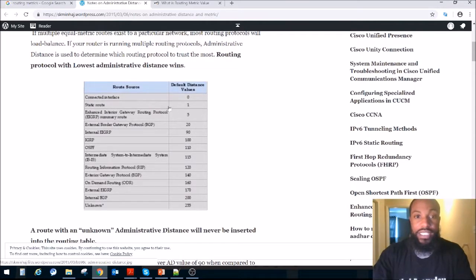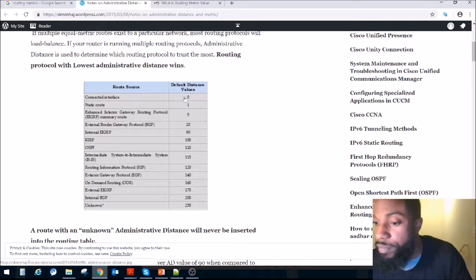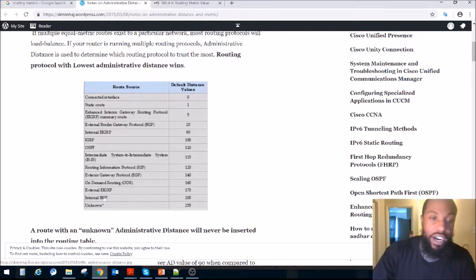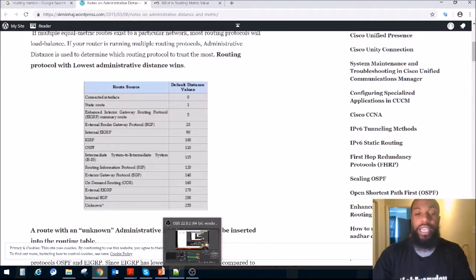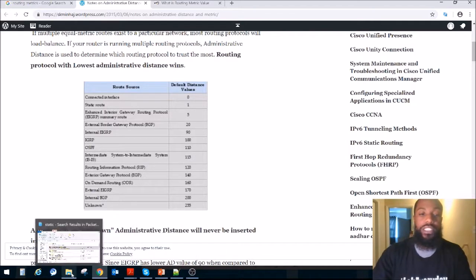It's good to notice static route is 1, and everything else, look at the range, 0 to 255. You probably want your backup route somewhere between 200 and 255. Let's go ahead and head over to Packet Tracer so I can show y'all an example.